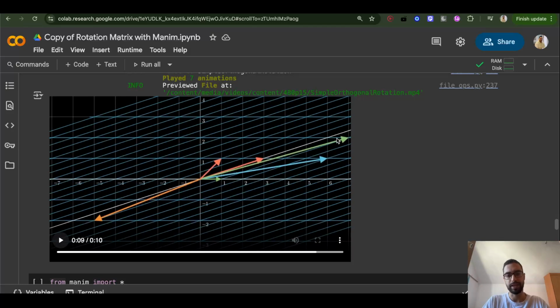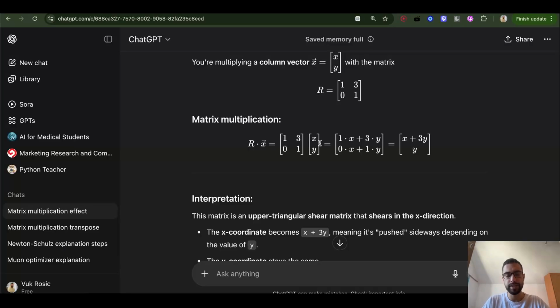And this long one gets elongated most, and these other ones don't get elongated so much. So this is how this matrix transforms the vector. Y is going to be the same because it's 0 times x plus 1 times y, so y doesn't change. But x now becomes x plus 3y.